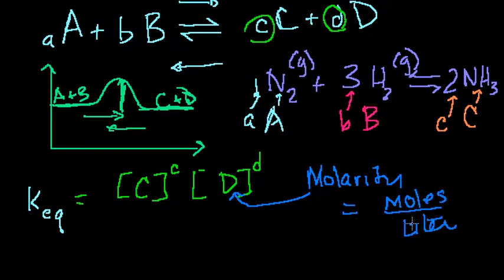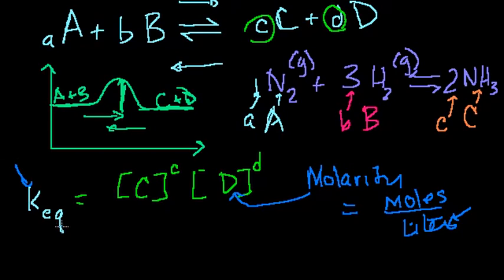A couple of videos ago, when I taught you what molarity was, I said I don't like it so much because the volume of your fluid or your gas is dependent on temperature, so I didn't like using molarity. But in this case, it's kind of okay, because this equilibrium constant is also only true for a given temperature.